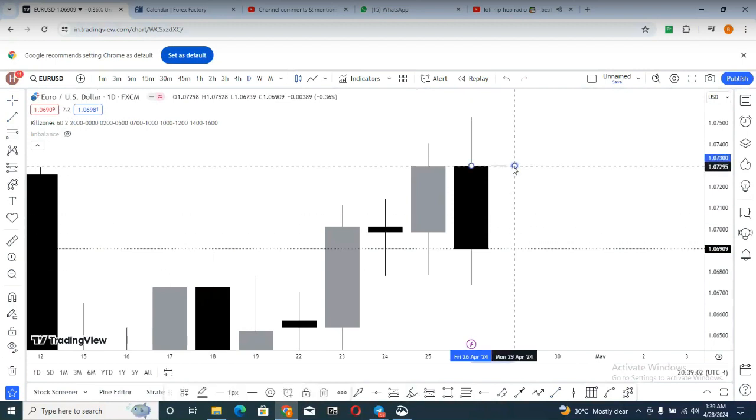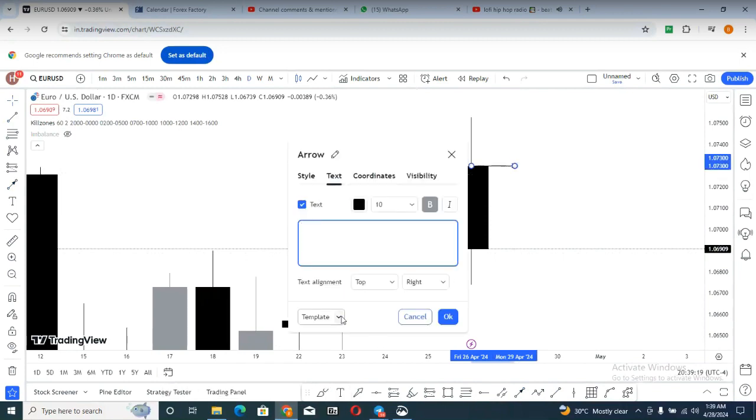I think I should have it here. Yeah, the opening happened here, and this is how price does.